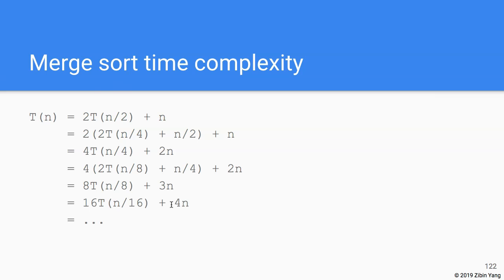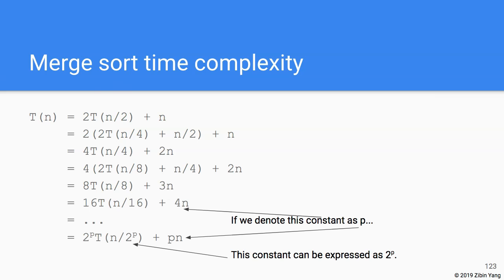When you look at this carefully, this number here is 2 to the power of this number. So if we replace 4, 3, 2, or 1 with, say, a variable p, then we can express this number, 16, 8, 4, 2, as 2 to the power of p, right?